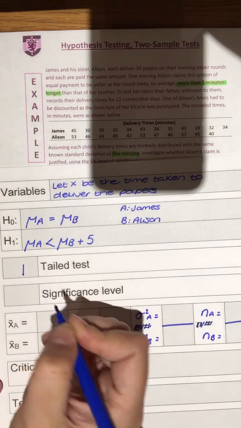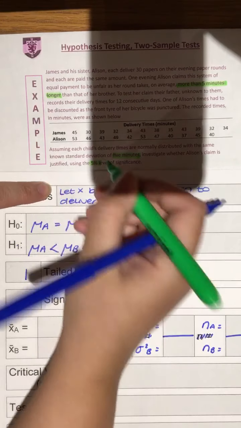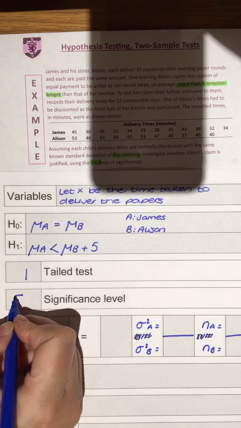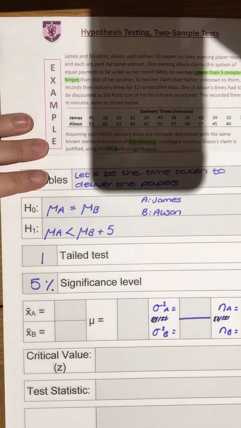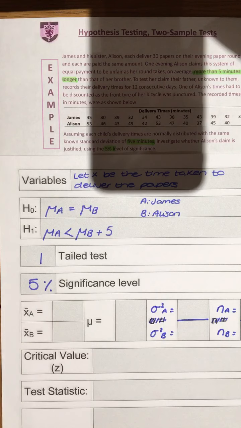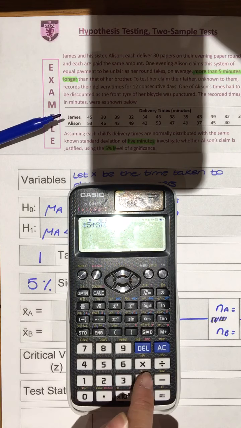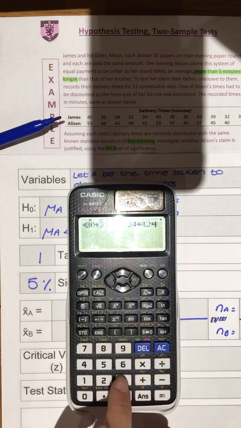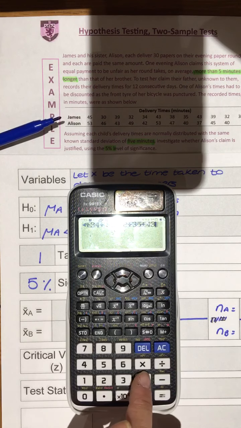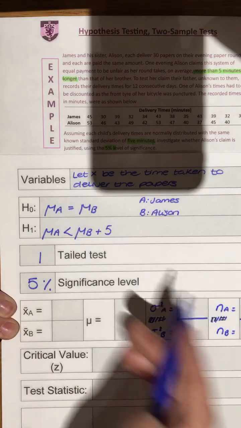Again, it's a one-tailed test, and it does tell me, which I haven't highlighted, that it is the 5% level of significance. So I want to include that over there. My two sample means I need to calculate. So looking at James first, he was 45, 30, 39, 32, 34, 43, 38, 35, 43, 39, 32 and 34, and there are 12 values there, so that gives me his mean of 37.